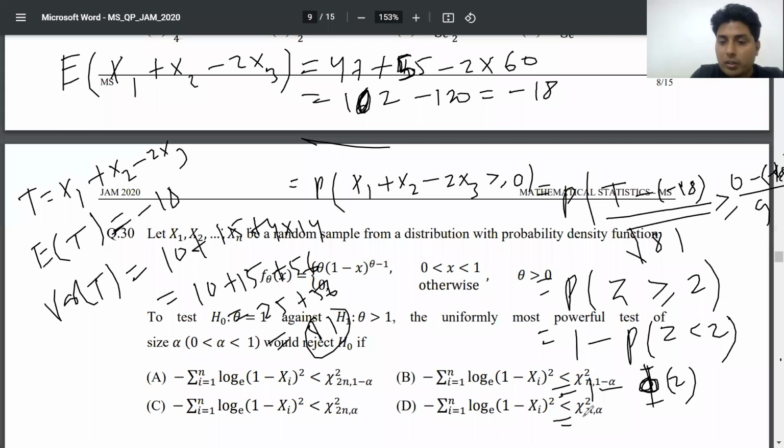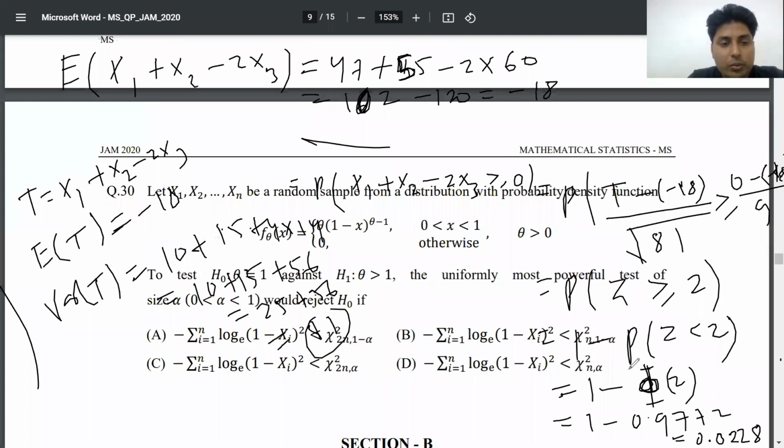So I will put 1 minus 0.9772. So subtract it, you will get 0.0228. So how many decimals does it want?